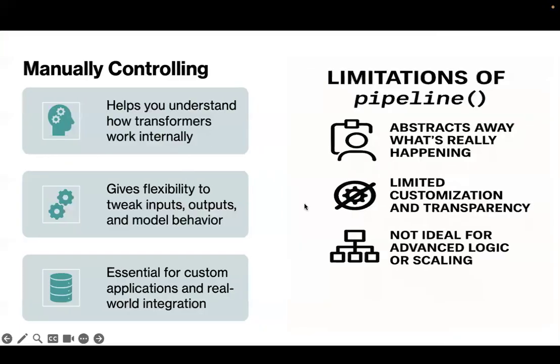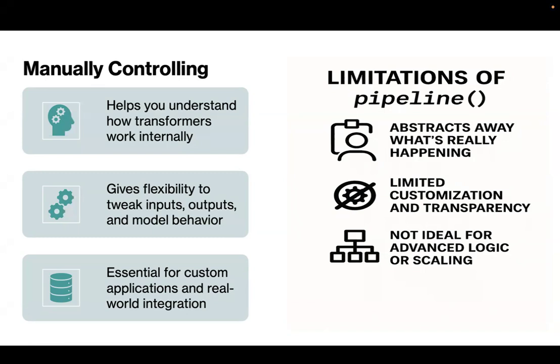So I'm going to build a manual model also, to let you know how we can build a manual model and how important it is to use this method rather than building a manual model. But there are some limitations in using pipeline also. It's not ideal for advanced logic or scaling, it abstracts away what's really happening, and it's very hard to get back in.